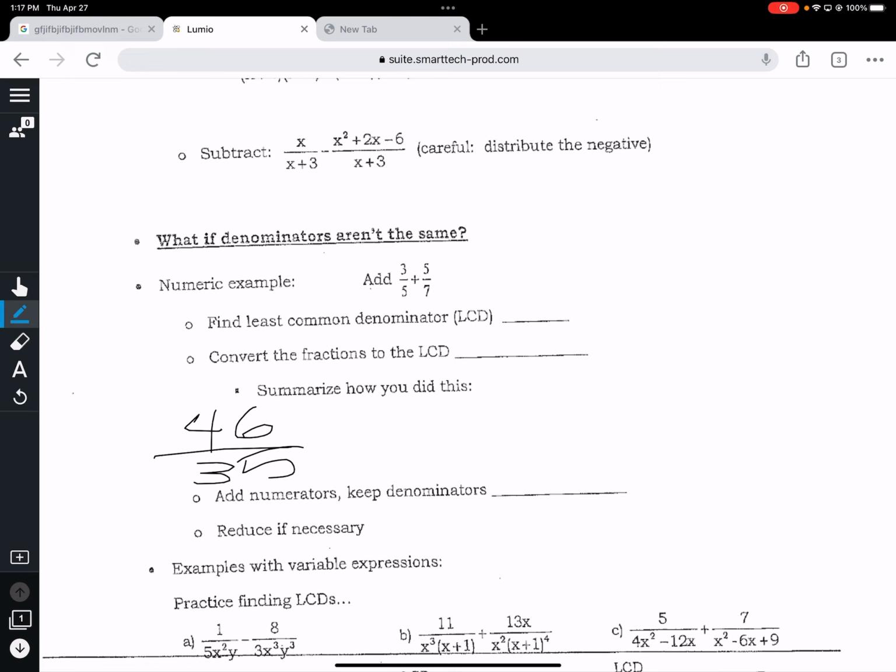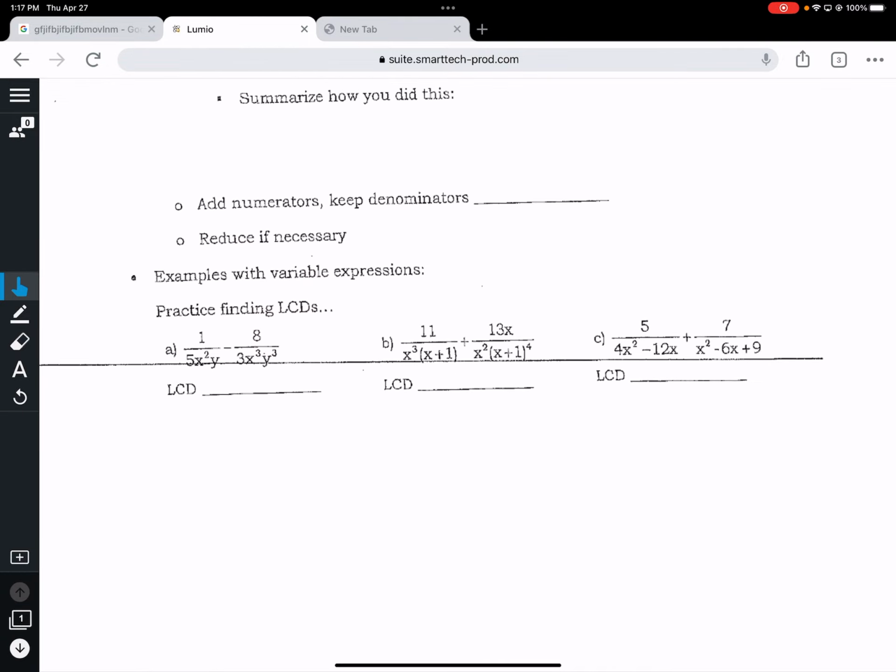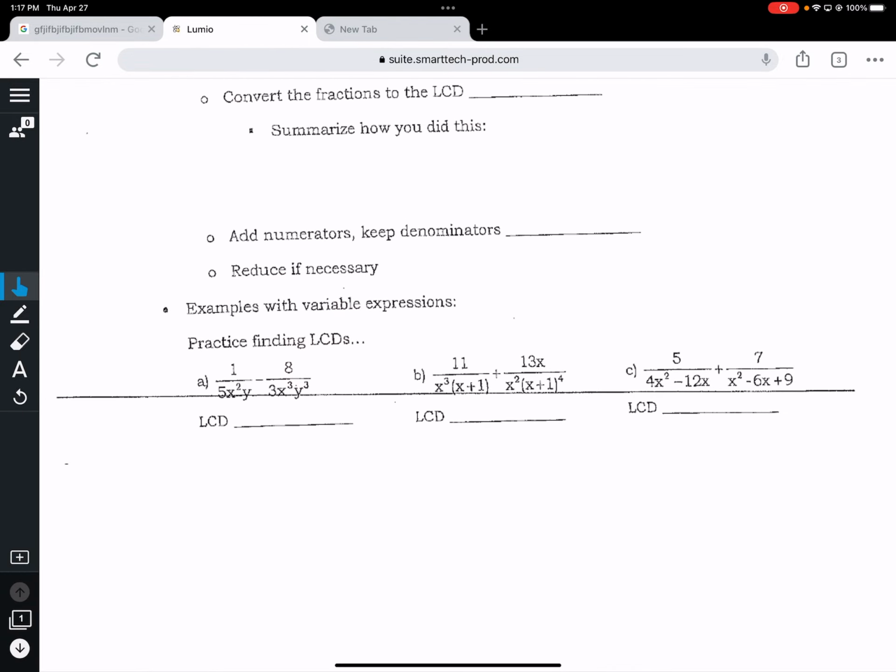So we're going to look at this next set with some variables. The biggest thing to do is to look at what they share and what they don't share as far as denominators go.